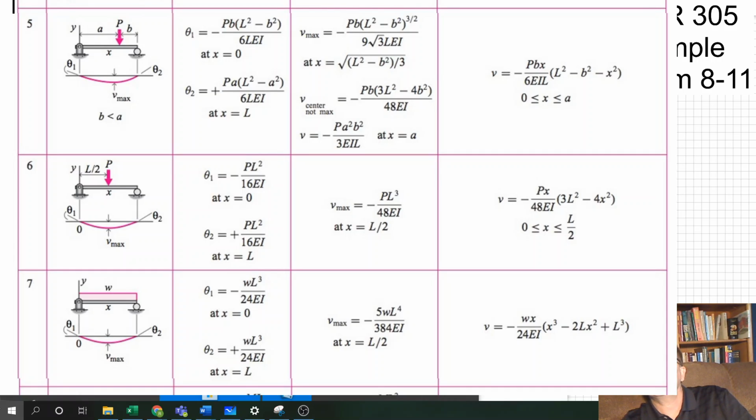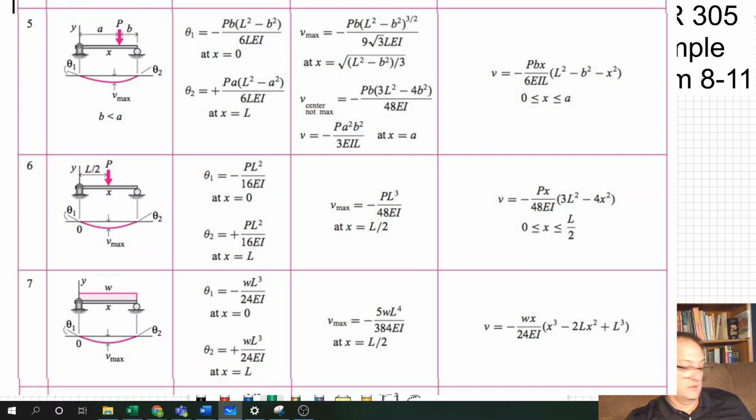That's equal to minus P B times (3L squared minus 4B squared) all over the quantity 48 EI. All right.